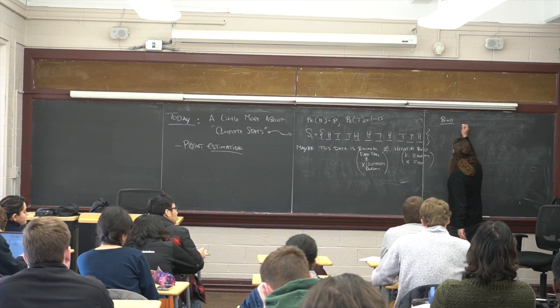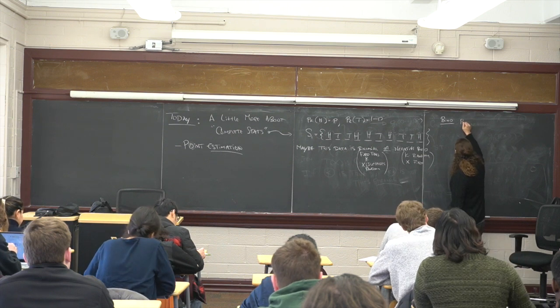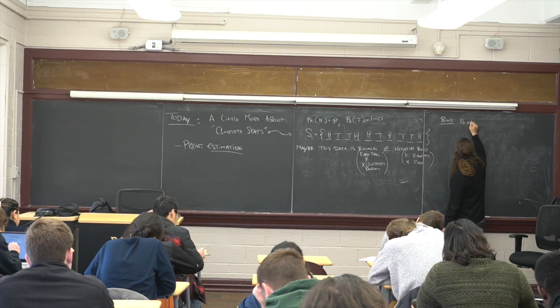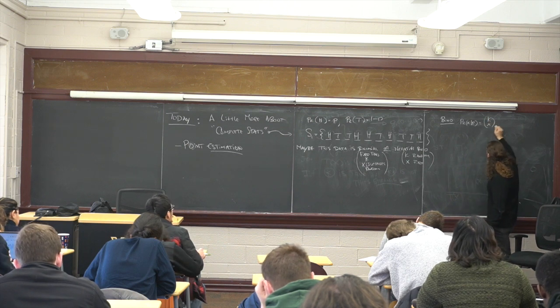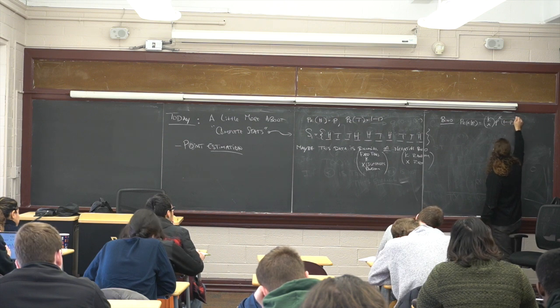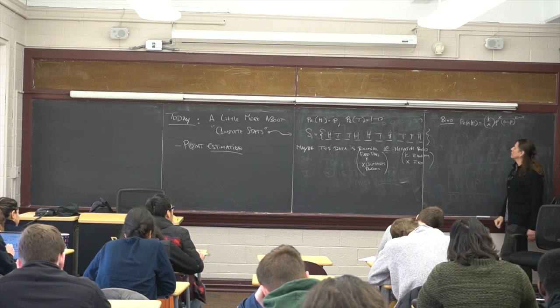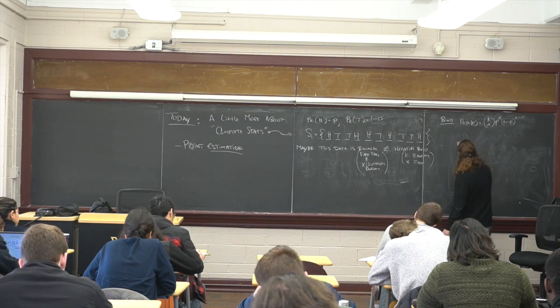So let's just say binomial, the probability distribution of x given p is equal to k choose x, p to the x, 1 minus p to the k minus x. So standard fare, all stat 101 stuff so far.